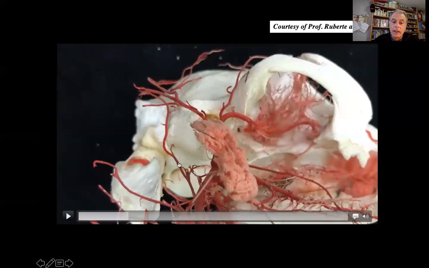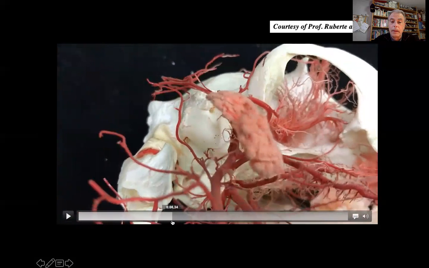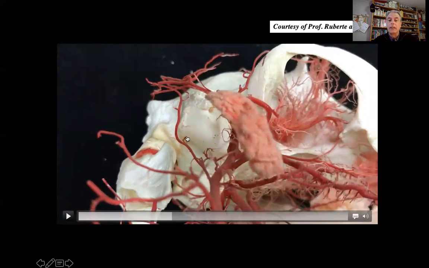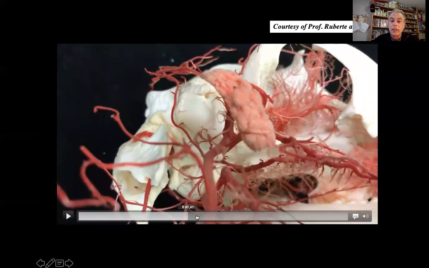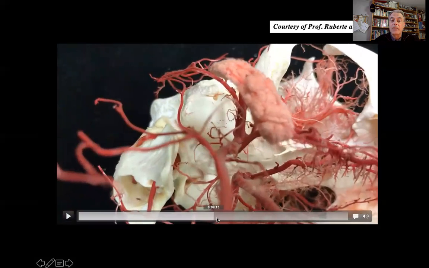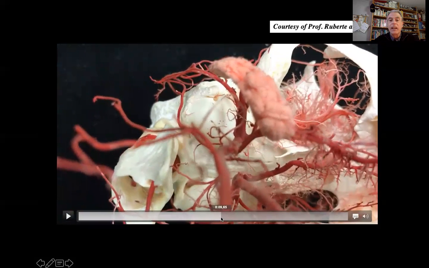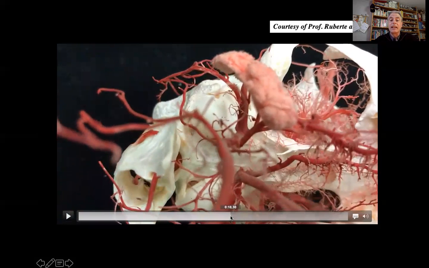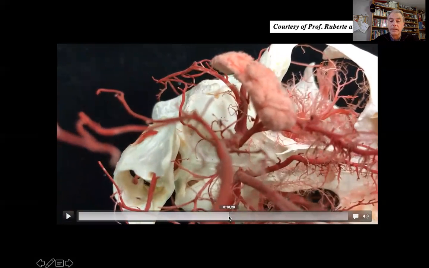And as you see, this is the internal carotid artery that is traveling to the tympano-occipital fissure. And as you see there, okay, then it obliterates and doesn't run in any carotid canal because the carotid canal does not exist in the cat.